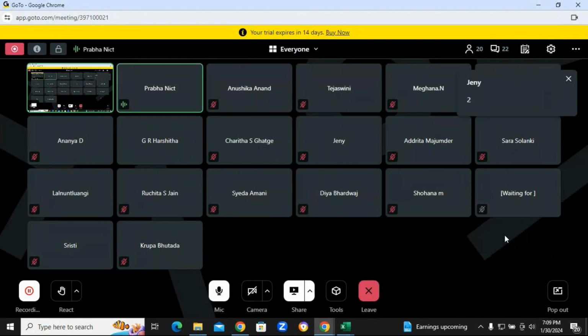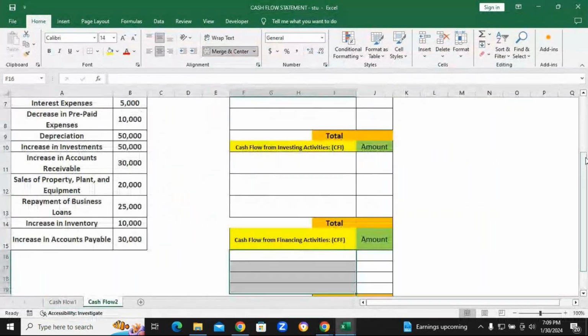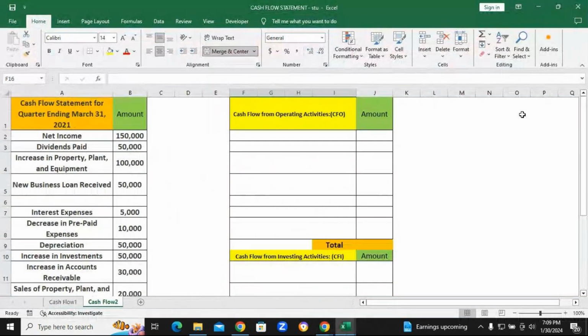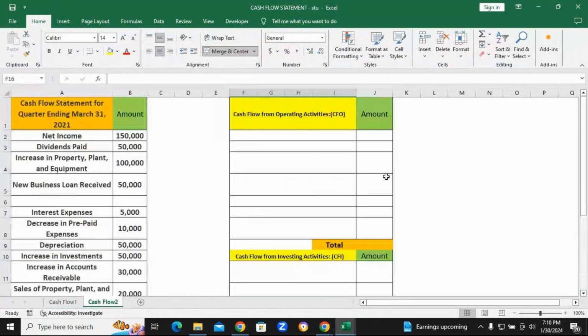Okay, very good. So the next cash flow statement, I wanted you people to do it as an assignment. Here also the same way, you have to put in the line items in the appropriate places like CFO, CFI, and CFF. Tomorrow I wanted you people to tell me where I need to put these things.